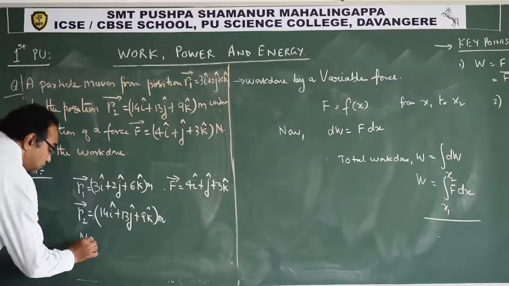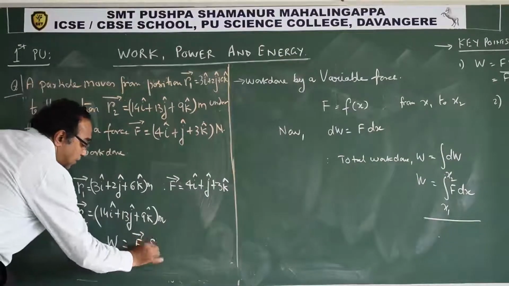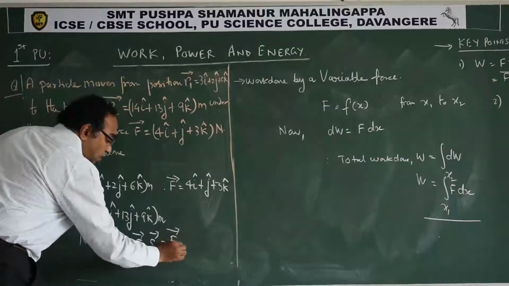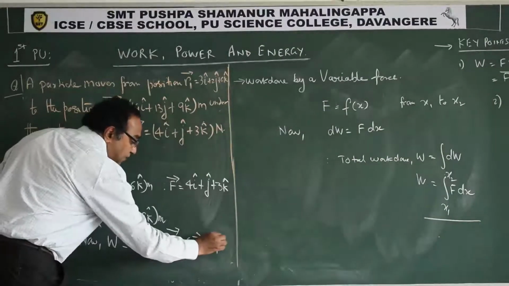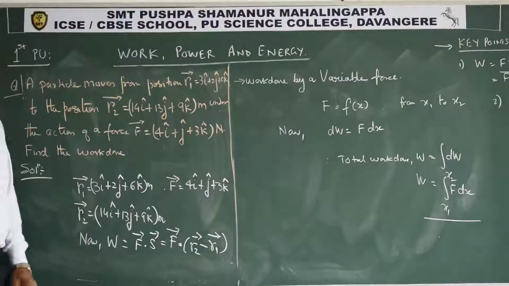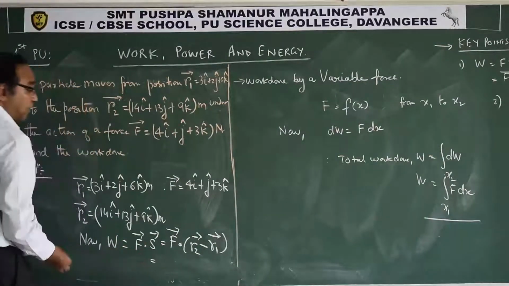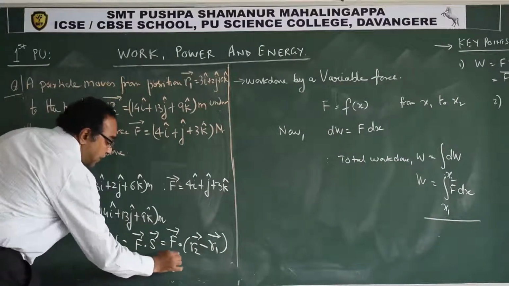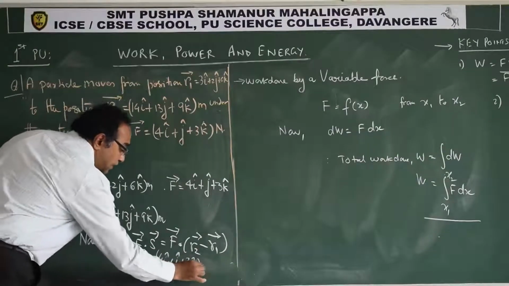So now, work done is what? F dot S. So F dot S is what? R2 minus R1. This is exactly how we can find displacement S. So substituting the values, what we get? 4i plus j plus 3k and dot product.